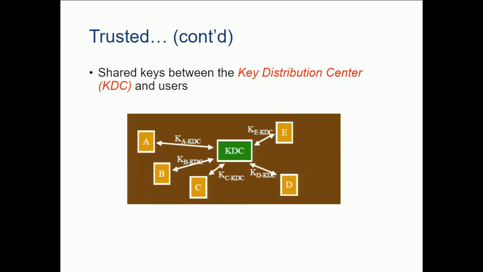The idea is that we have a key distribution center in the middle, and every user can establish a shared key with this key distribution server. Because there's trust between every user and the KDC, we can design protocols to allow any two users to authenticate each other with the help of the KDC.